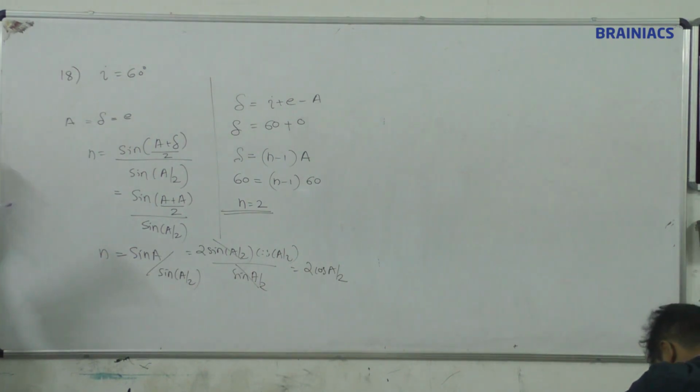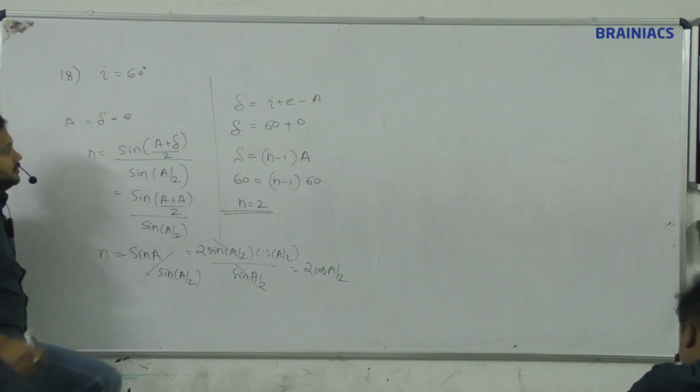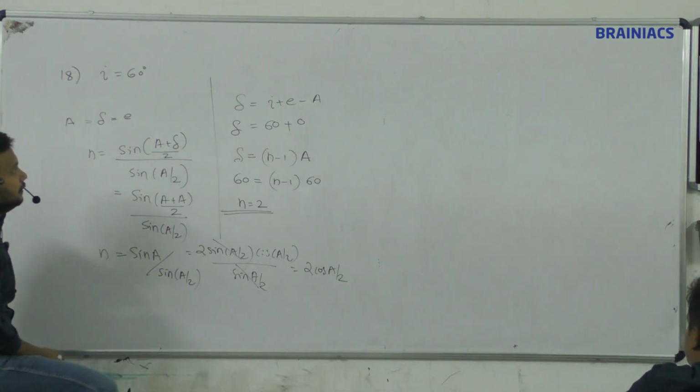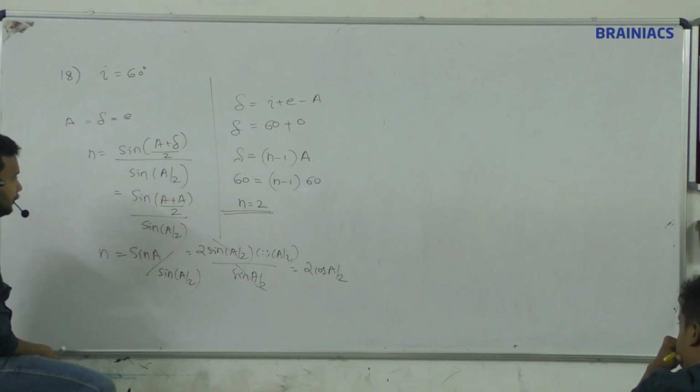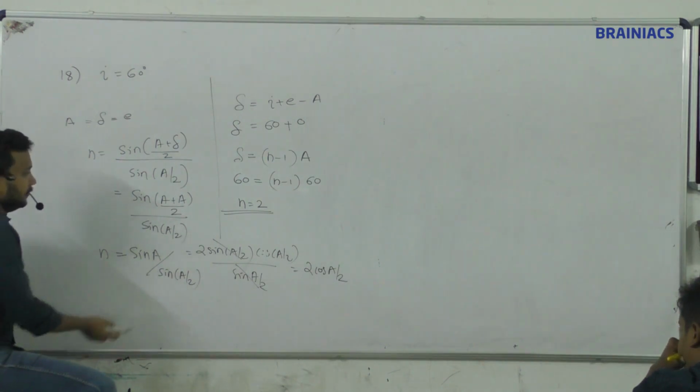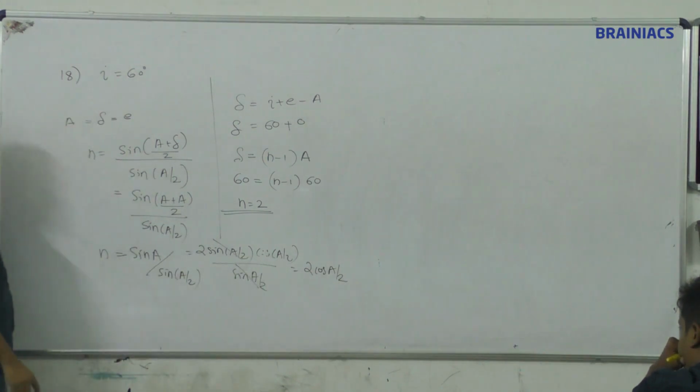It's not there in the option. n minus 1 into A. I plus E. Delta is equal to n minus 1, 60 by 60. Sin A by 2. So sin 60 by sin A by 2. One second. This formula: 2 sin A by 2 cos A by 2, correct? So we can substitute 60 degrees.